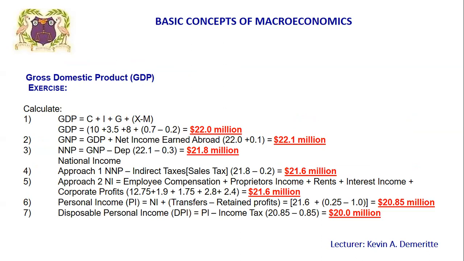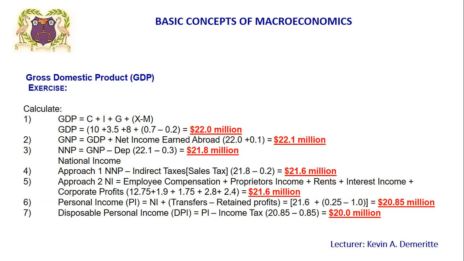So here's our employee compensation, which is 12.75, plus proprietor's income, which is 1.9, plus rent, which is 1.75, plus interest, which is 2.8, plus corporate profit is 2.4. I'm certain you're going to test my numbers, make sure I got them right, and that adds up to 21.6. So you would notice in this particular case, whether you're using the first or the second approach, you come up with the same answer.